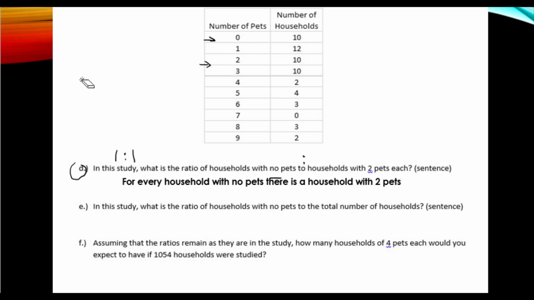Okay, so let's look at number E. In this study, what is the ratio of households with no pets to total number of households?